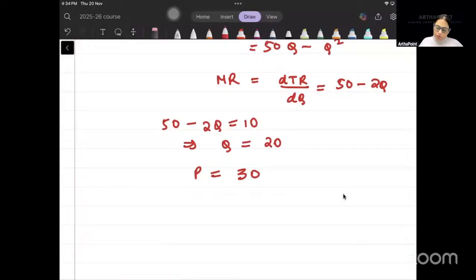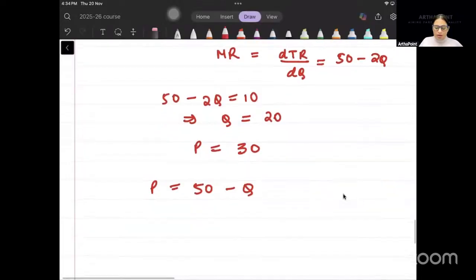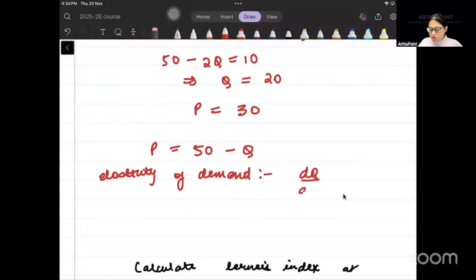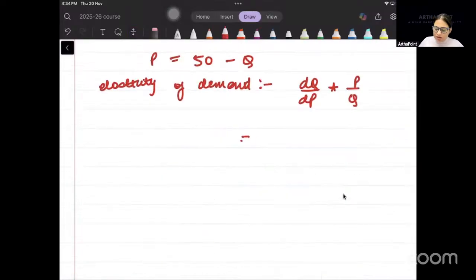अच्छा, अब देखो that P is equal to 50 minus Q, है ना? तो what is the formula of elasticity of demand? Elasticity of demand is dq by dp into p by q, है ना? So it will be dq by dp.